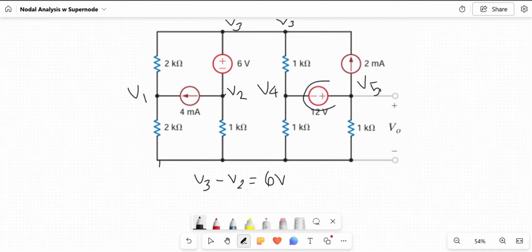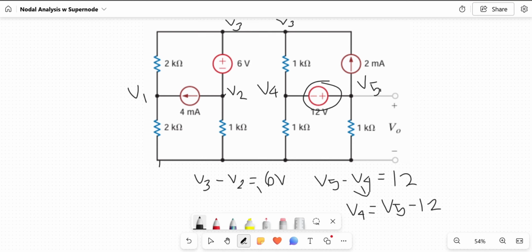And looking over here, positive minus negative, I will say that V5 minus V4 equals 12. With this, I can get that V4 equals V5 minus 12. And with the other, I can get that V2 equals V3 minus 6.